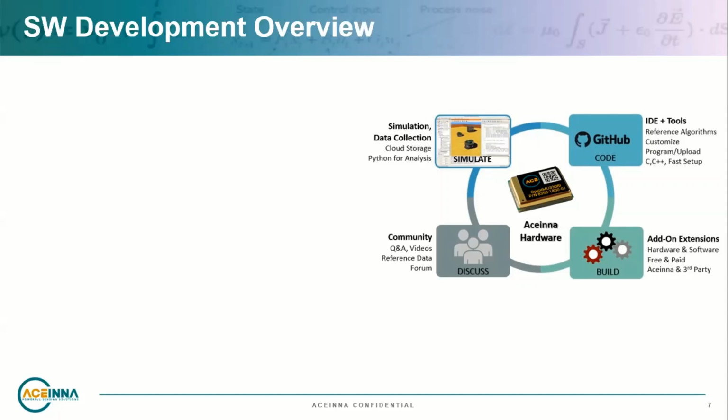And we do have the ACEINNA extension. And we have the web GUI tool, which is used to run simulations or look at the data in real time, and record and collect the data and do the analysis.